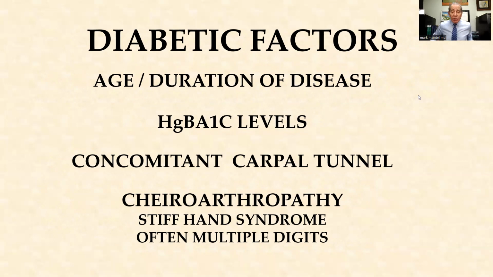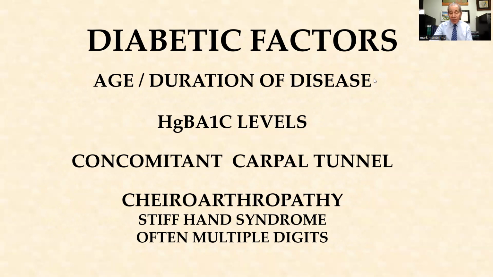Now, diabetes has to be considered, but this is not across the board, meaning the person who is pre-diabetic or diabetic for a month or two, very mild diabetes, is usually not a factor.